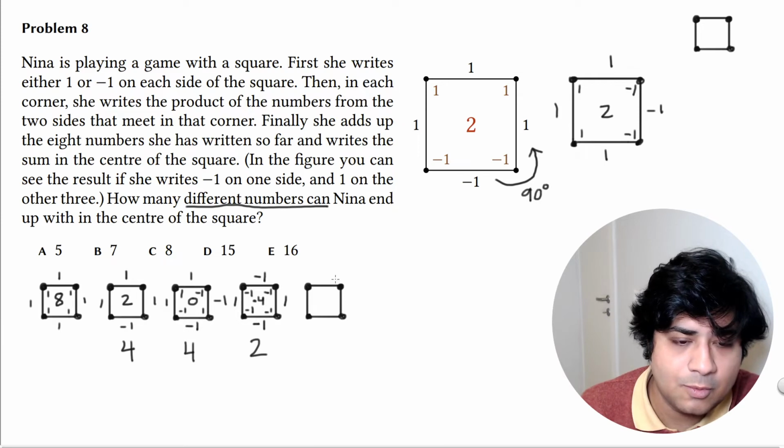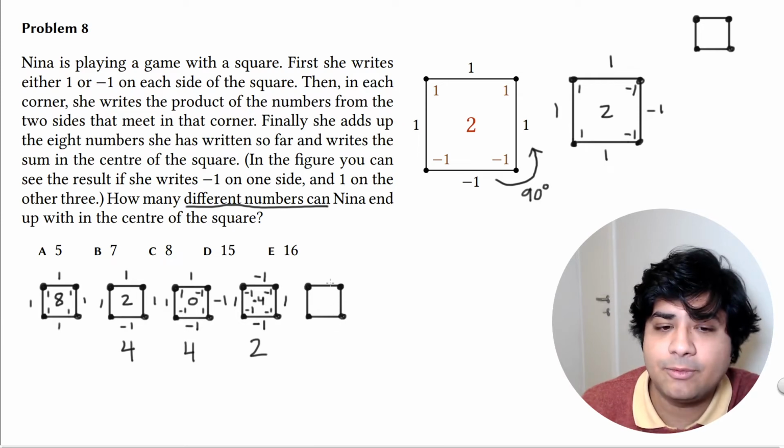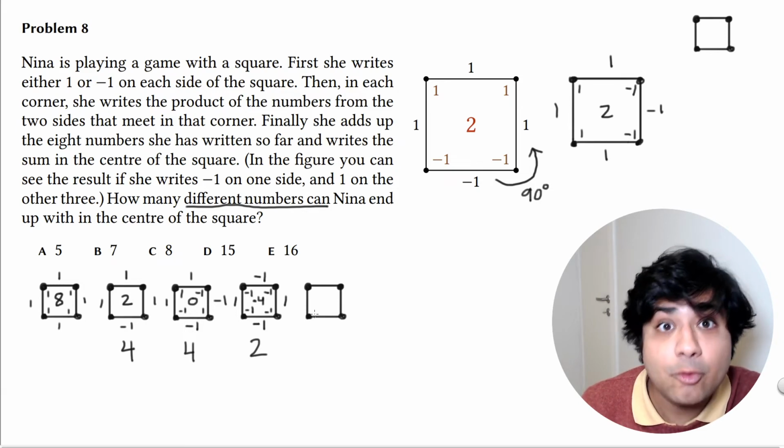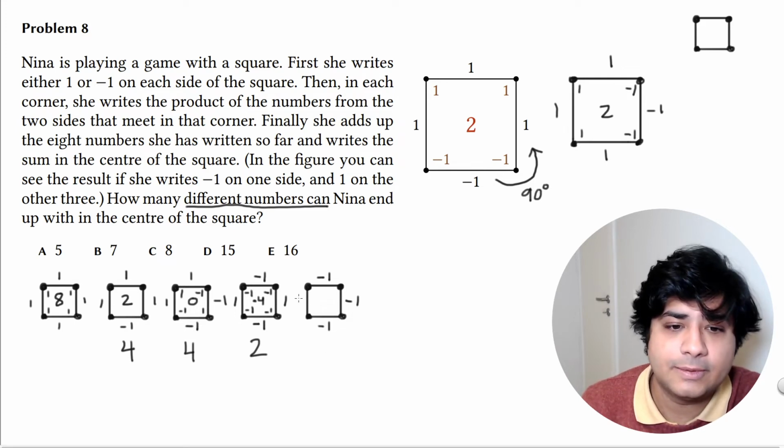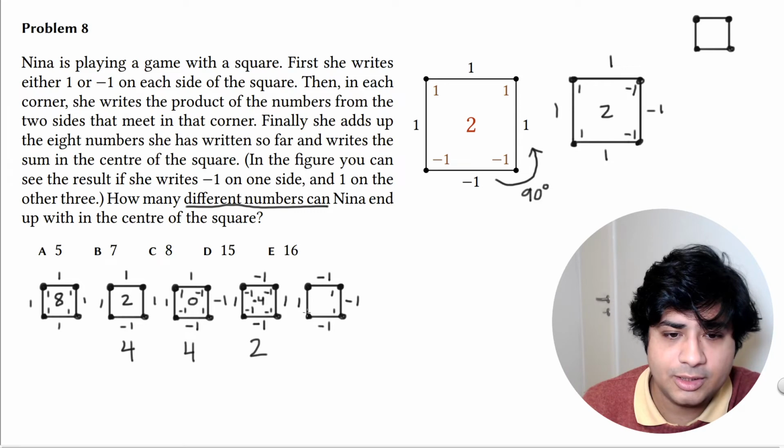And what other ones do we have? Well, we obviously have -1, -1, -1, 3 negative numbers. So let's do that one. -1, -1, and -1. And then we have a positive here. And then let's do that quickly now. That's going to be a 1 and a 1 and a -1 and a -1 here as well.